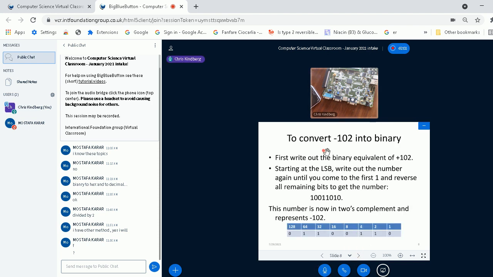So let's convert a decimal number, a negative decimal number, into binary. Well, first you write the binary equivalent of 102.